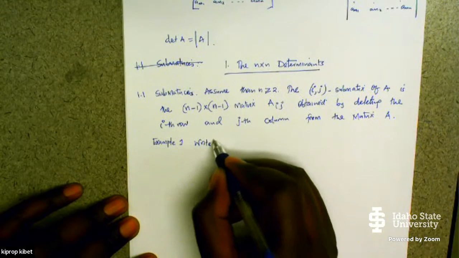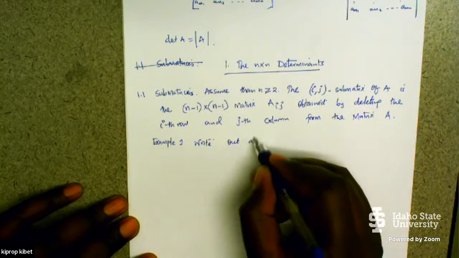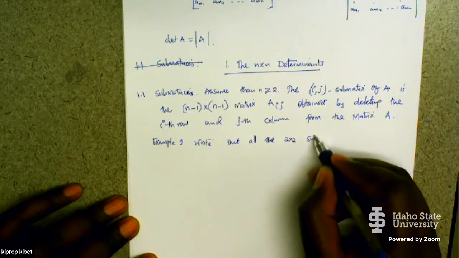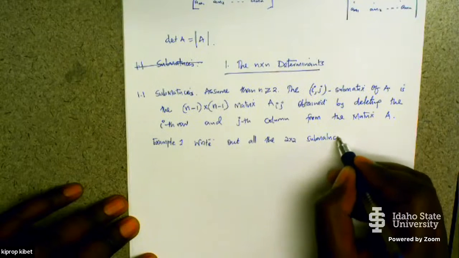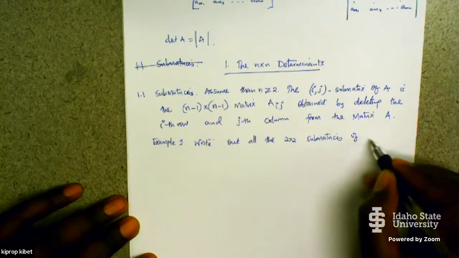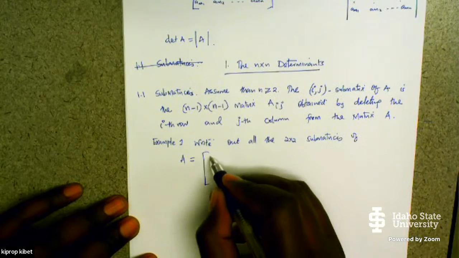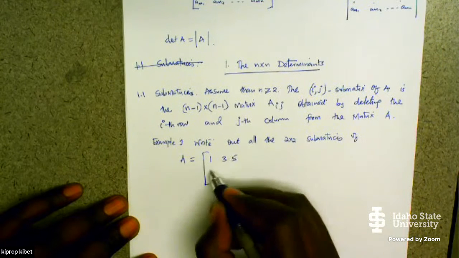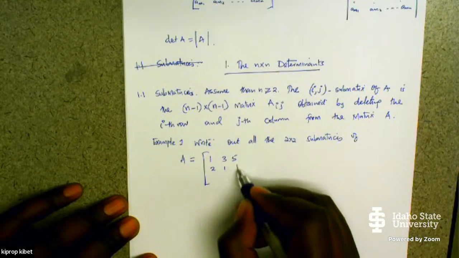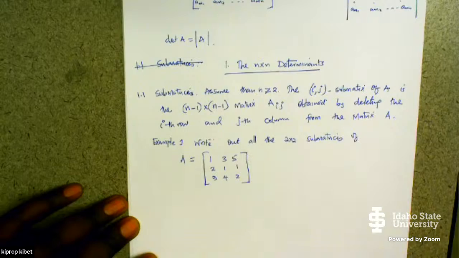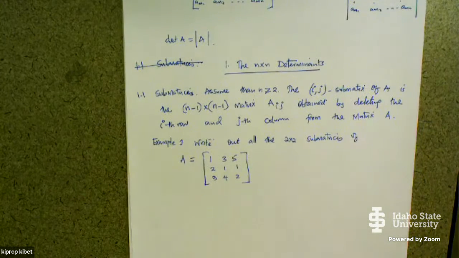Write out all the 2 by 2 submatrices of A, which is equal to 1, 3, 5, 2, 1, 1, 3, 4, 2.